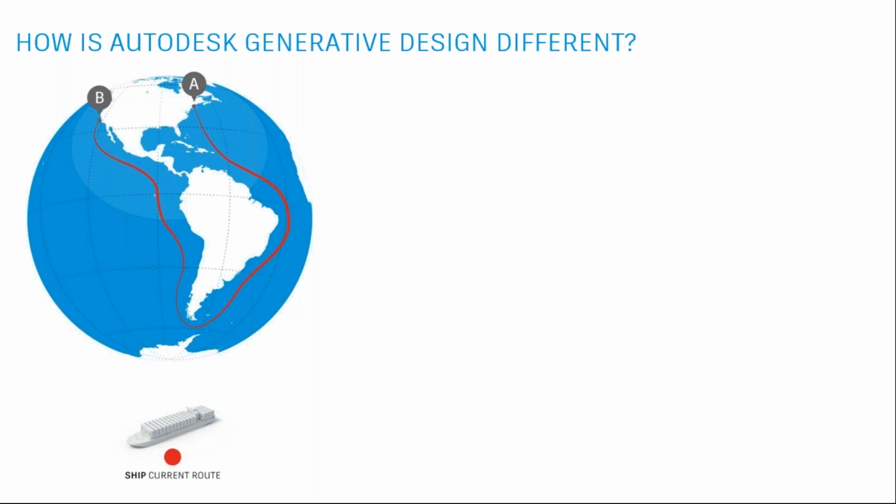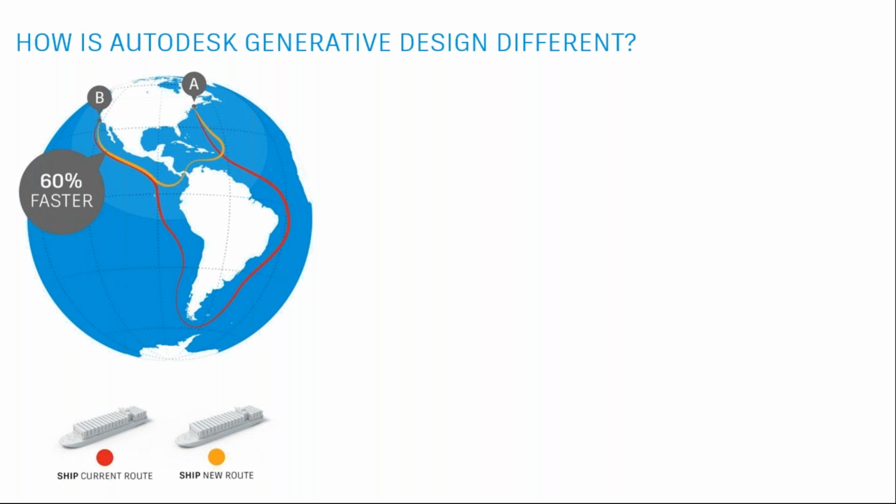And you know how long it takes to get from point A to point B. If you utilize topology optimization, what topology optimization does is basically makes a part lighter by taking your existing geometry and figuring out from this existing geometry where can we remove material.